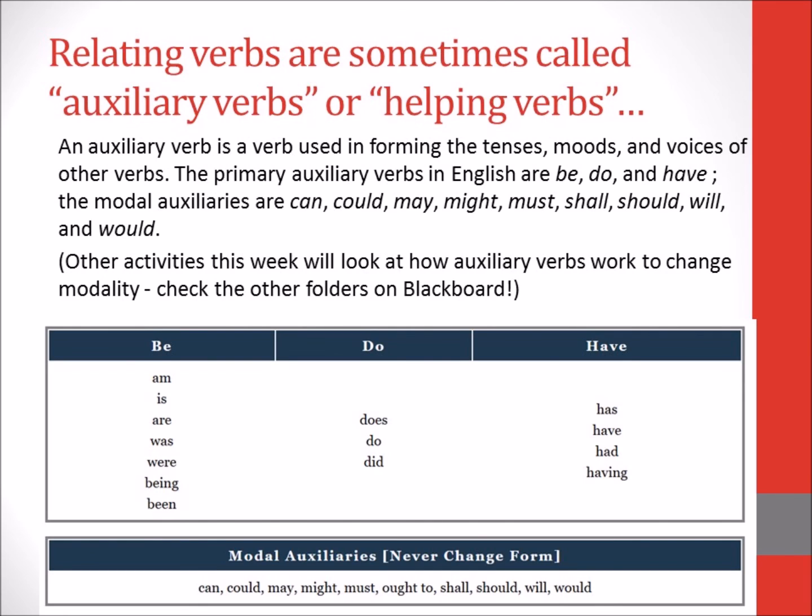Okay, so just remember that sometimes relating verbs act as auxiliary verbs or helping verbs, so they are put with another verb to make a verb group to show the happening in a clause.